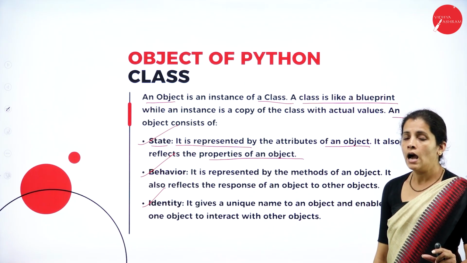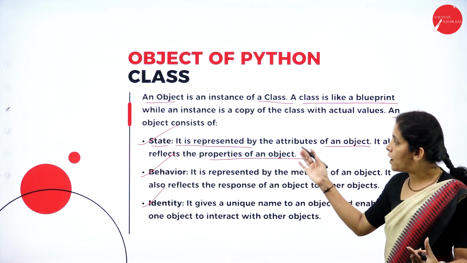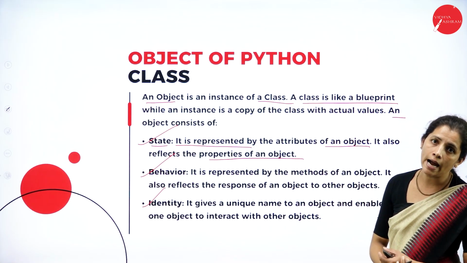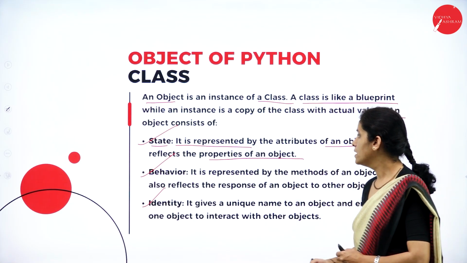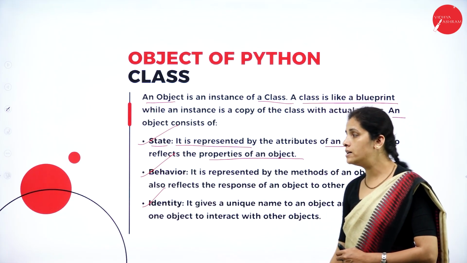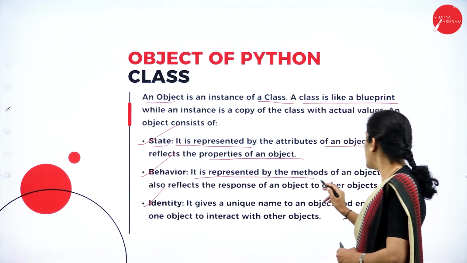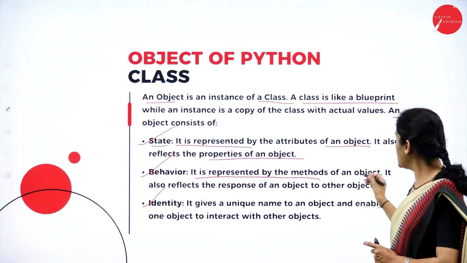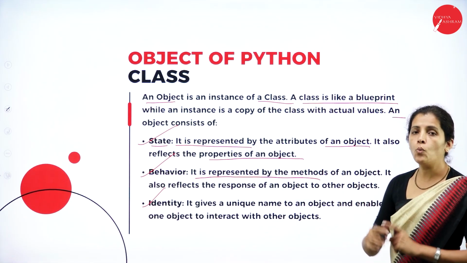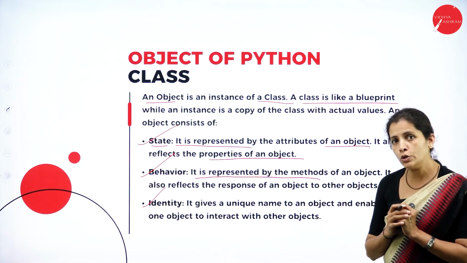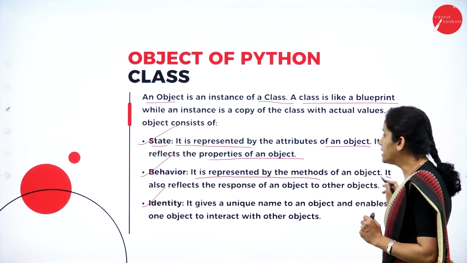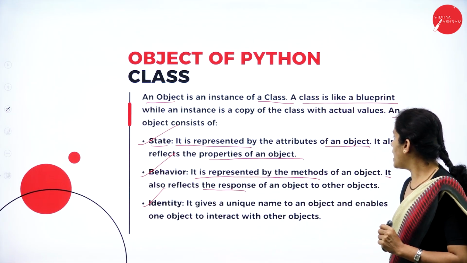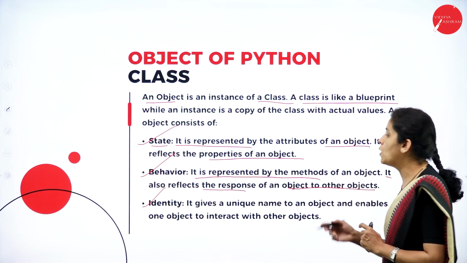So when I remember what an object is, an object is going to have the state, behavior and its own identity. And behavior is represented by the methods of an object. It also reflects the response of an object to other objects.